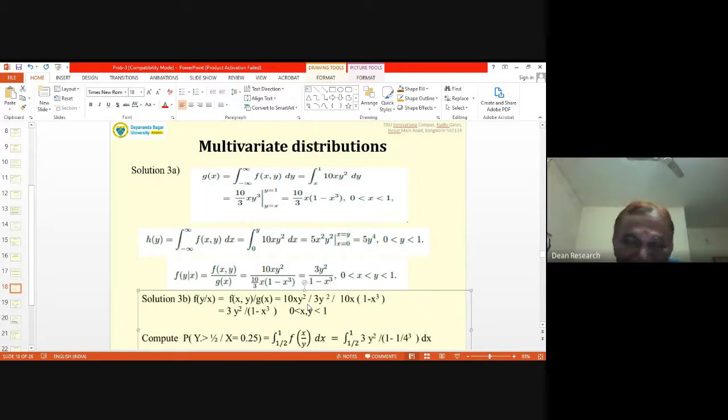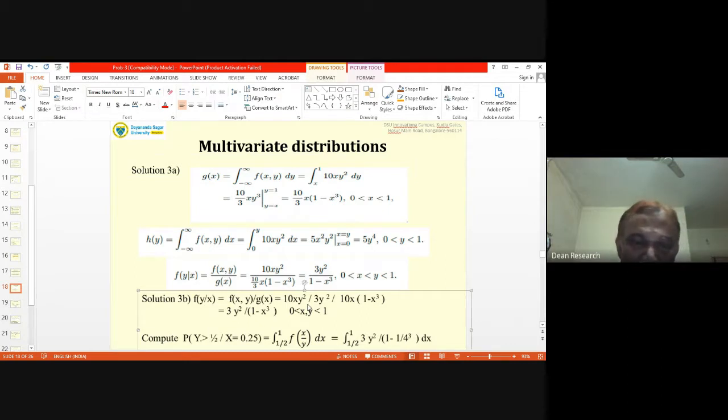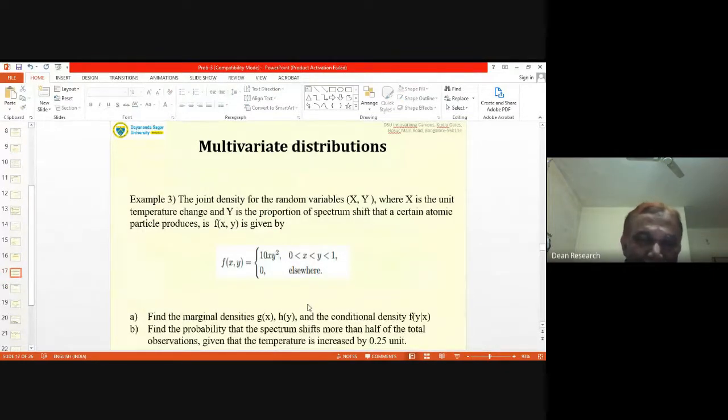So you go to the above equation, f of y given x, where we computed that to be 3y squared divided by 1 minus x cube. Right, sir. Now, having got f of y given x, we can use this in the formula to compute 3b.